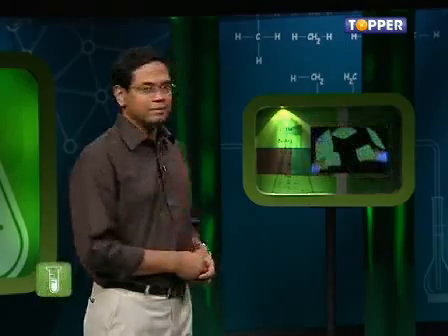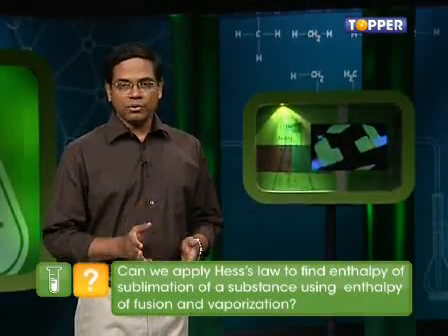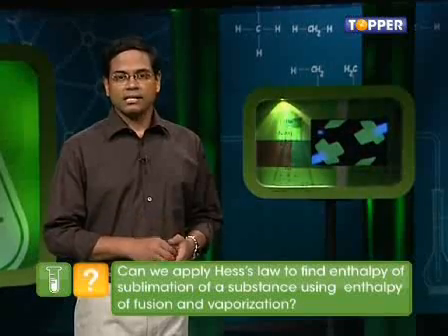If you ever wanted to find the enthalpy of sublimation of a substance, you could use Hess's law to calculate it. It's time now to answer a query. Can I apply Hess's law to find enthalpy of sublimation of a substance to find enthalpy of fusion and vaporization? Of course, it is really simple. As you know, sublimation is the process in which a substance gets converted into gaseous phase directly from solid phase without passing through the liquid state.